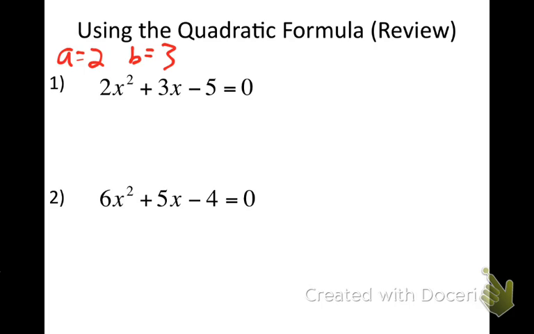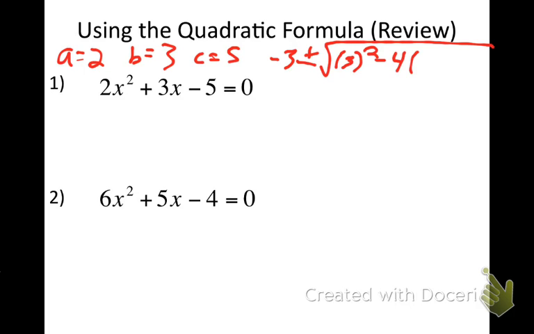And C equals what, Colin? Negative 5. So when I look at my formula, I'm going to plug that in, giving me negative 3 plus or minus the square root of 3 squared minus 4 times 2 times 5 all over 2 times 2.